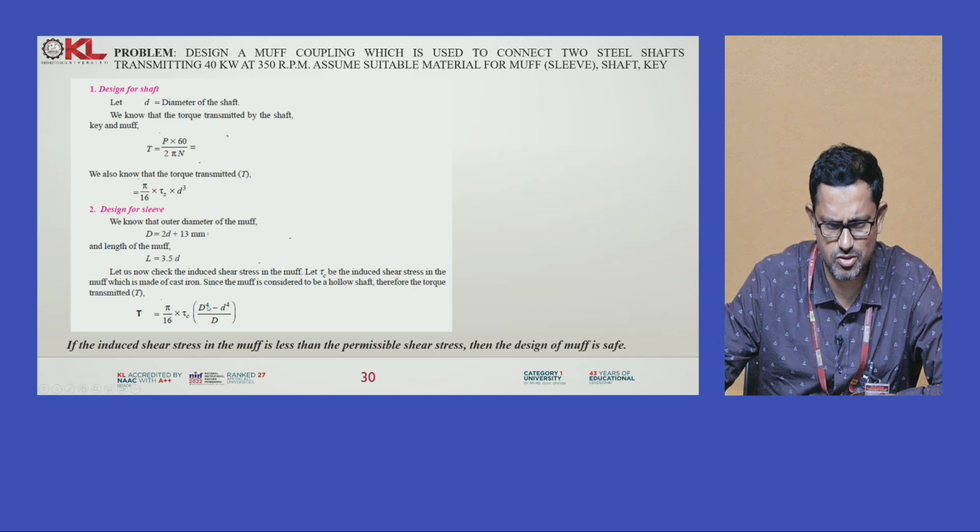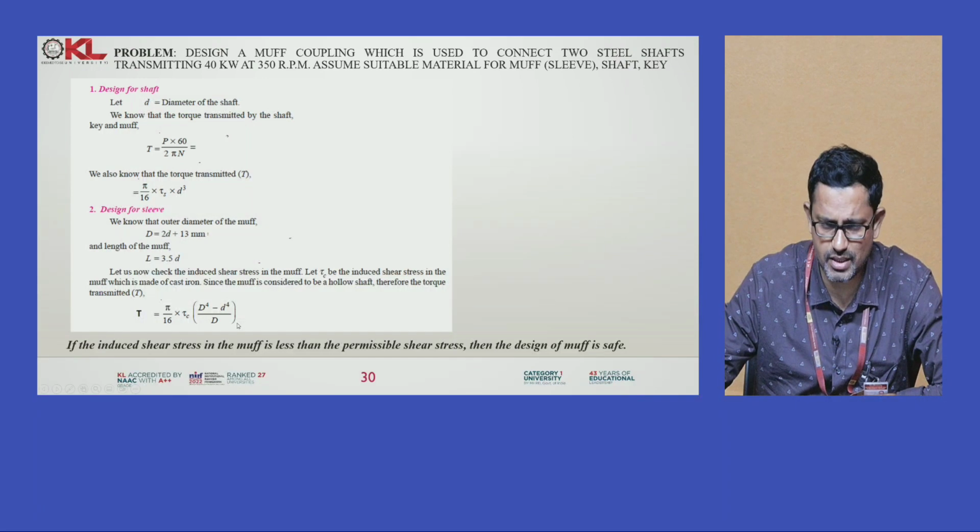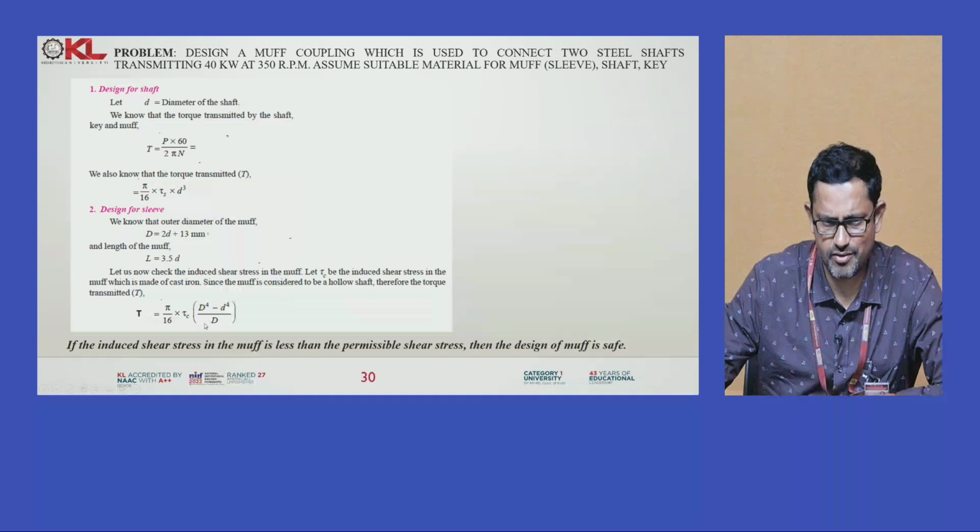By substituting this value and the twisting moment, you will get the tau_c value induced inside the material. If this value is less than the allowable limit, then the design for the sleeve is safe. If it is greater than the allowable limit, then your component will fail and won't sustain the applied loads. That is the second one.